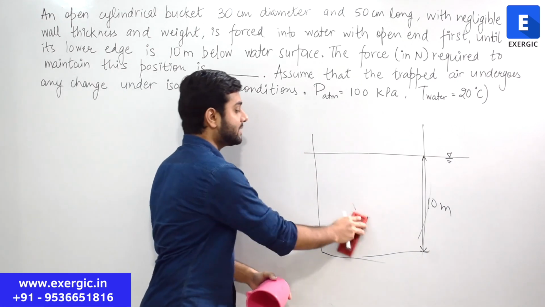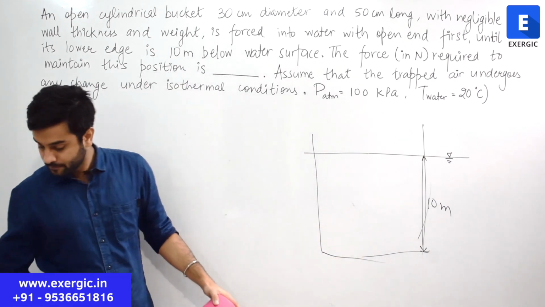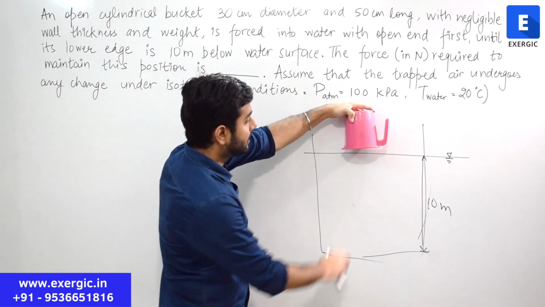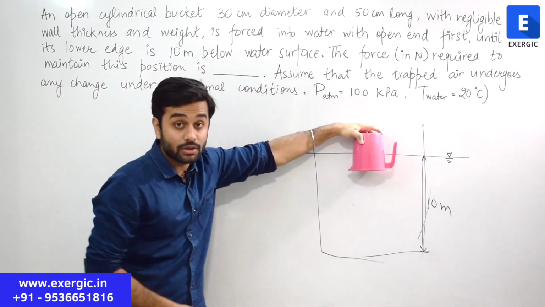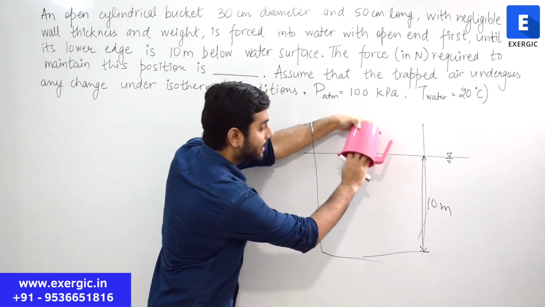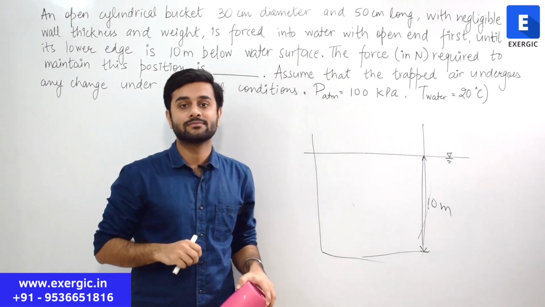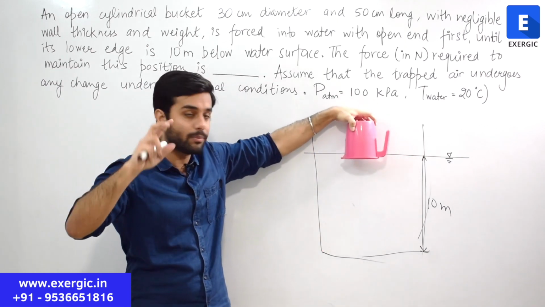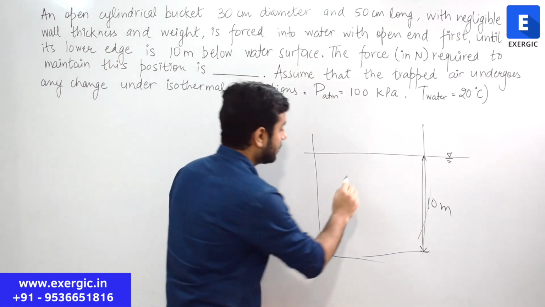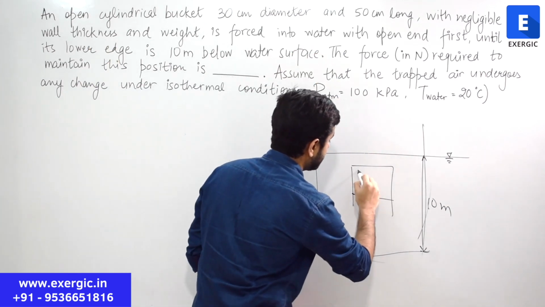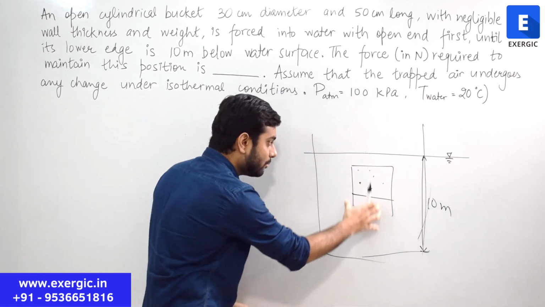It will have no way to escape, because what is happening? At this point, it is totally air inside, right? And as you force it into the water, that air will be trapped inside. The air inside does not have a place to move out, and you keep pushing it down, and that particular air pocket, this is air, will keep moving down.